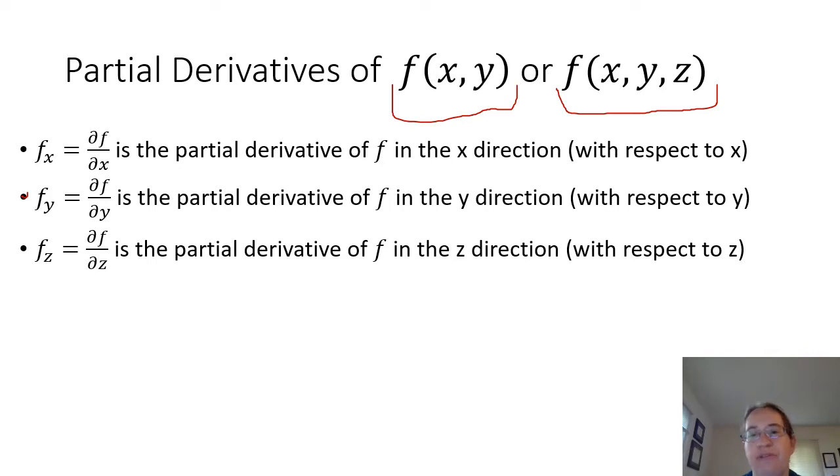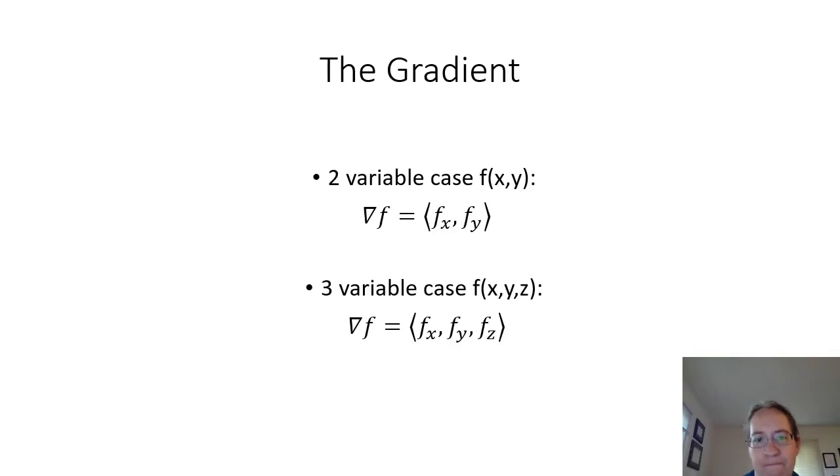These partial derivatives are the ingredients for the gradient. Okay, so what's the gradient? Technically, first of all, this upside down triangle is the symbol for the gradient. And the gradient is a list of the first partial derivatives, fx comma fy.